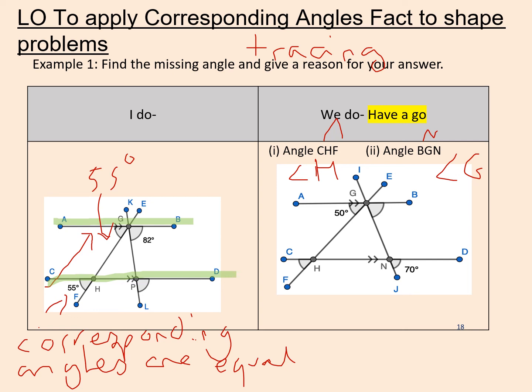Pause the video then, please. Okay, so if G is 50, then H has got to be 50 degrees. If N is 70, then the angle at that point there has got to be 70 degrees. Well done.